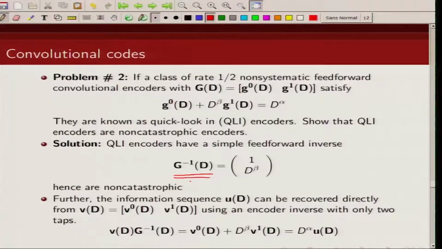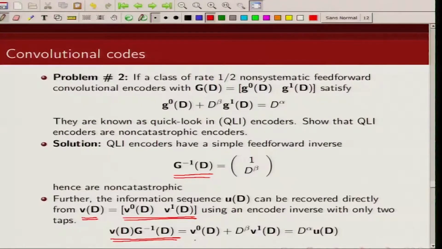And as I said, you can very easily recover back your information sequence by making your coded sequence pass through this encoder inverse. So, if your output sequence is given by VD, which is this, then once VD passes through this encoder inverse, what we get is V0D plus d beta V1D.